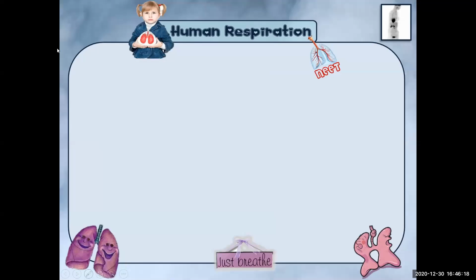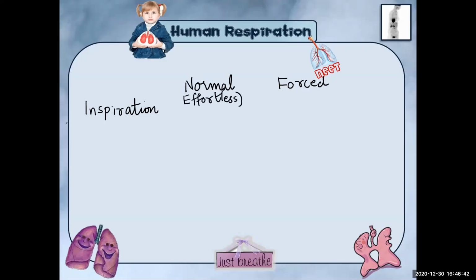So we had inspiration or inhalation. One of them was normal. Normal matlab effortless. And the second one is forced inspiration. Normal is effortless, and forced is with effort. Correct? Now both inspirations, normal and forced, are active.